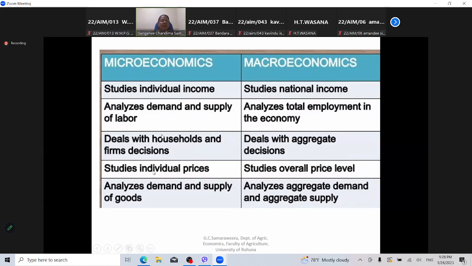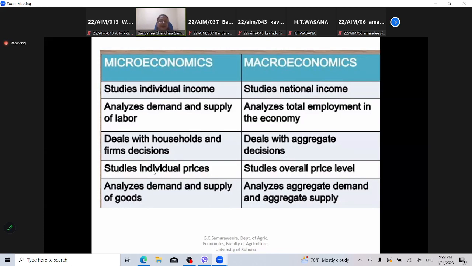But microeconomics normally deals with households and firms, small units. Here in macro, it deals with aggregate decisions. So we have to consider everybody's decisions together at the macro level, large scale. In microeconomics, we need to study individual prices one by one. What is your price?